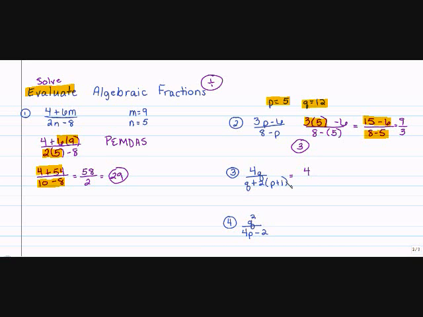In this case, I have Q and P. Remember, my P is 5, my Q is 12. I'm going to substitute in my 12, divided by my Q, which is 12, plus 2 times my 5, which is P, plus 1. Looking for parentheses, I have parentheses here, so that's what I need to solve first.